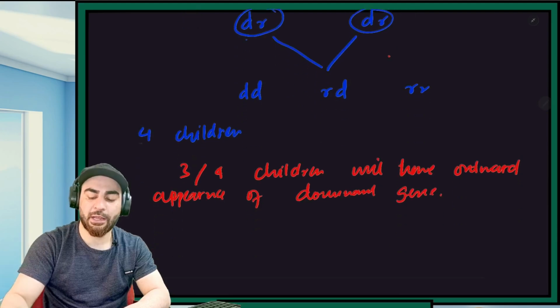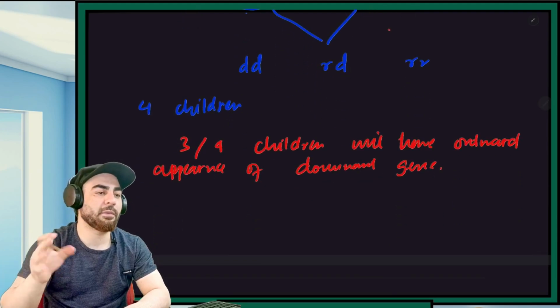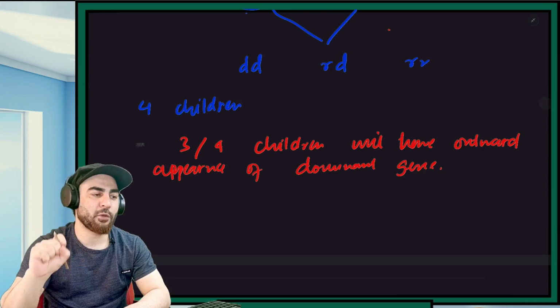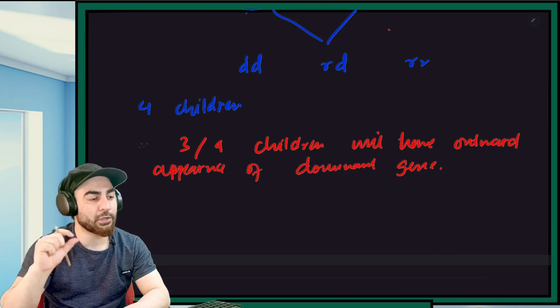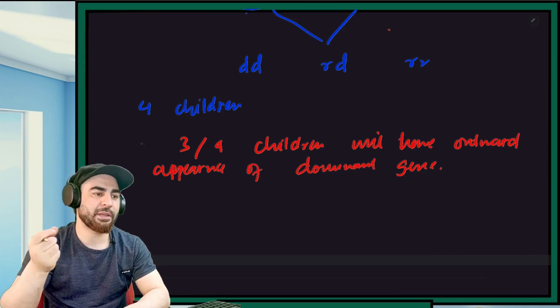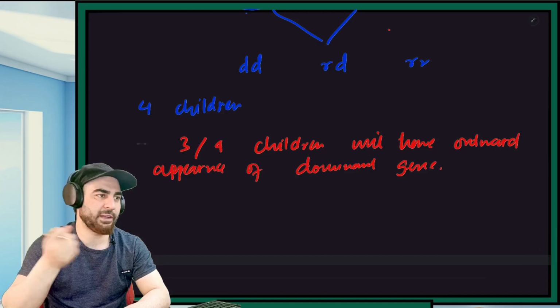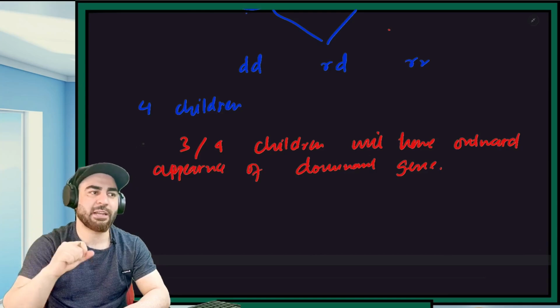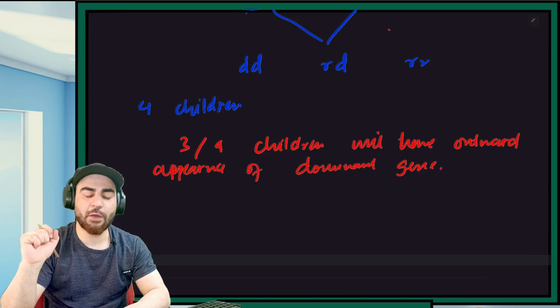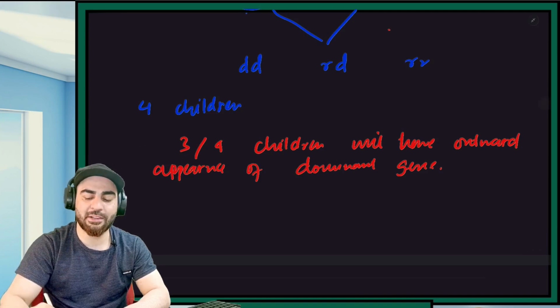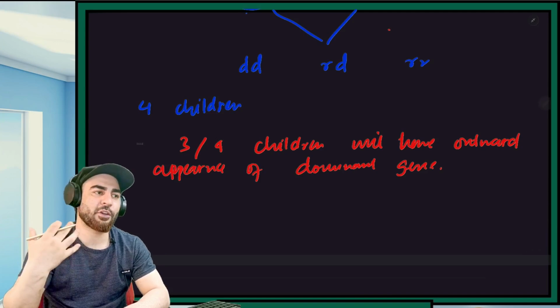Now this can again be seen as a binomial probability, because getting a particular trait for a child can be thought of as a Bernoulli random variable. It can be either dominant or recessive, success or failure. The success will be having the outward appearance of a dominant gene.